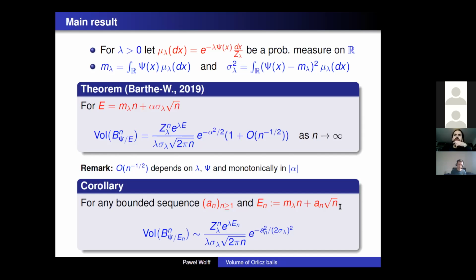These results on deviations of normalized sums within the regime which is larger than CLT provide quite precise asymptotics, at least as precise as here, and more precise than the asymptotics in classical large deviations, where you have asymptotics on the log scale.